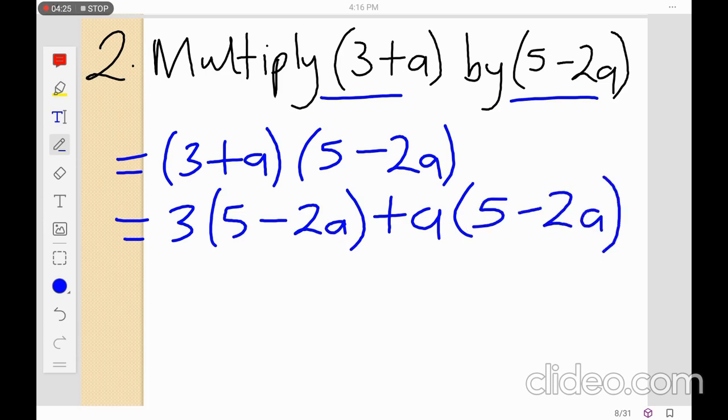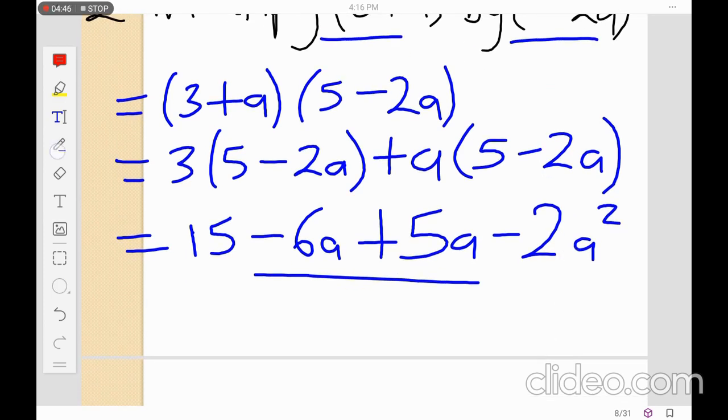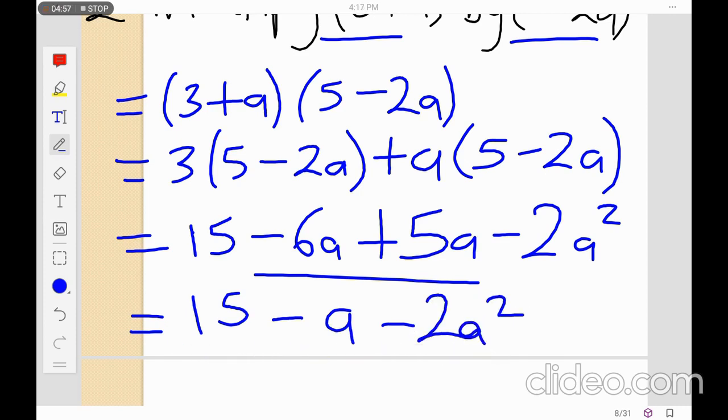Let's simplify. 3 times 5, I get 15. 3 times minus 2a, I get minus 6a. Then a times 5, we get plus 5a. Then the last part, a times minus 2a, I get minus 2a squared. Let's simplify the similar terms. I will get 15 minus 6a plus 5a, I get minus a, then minus 2a squared. So this is our final answer.